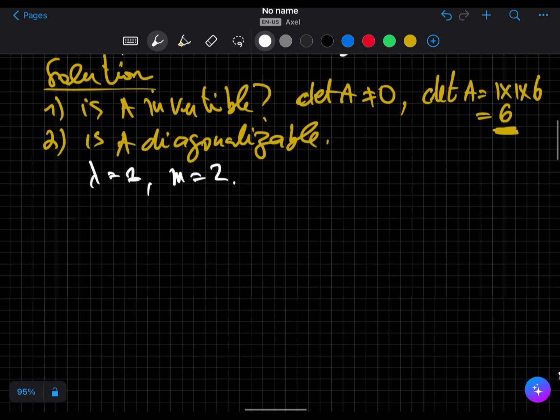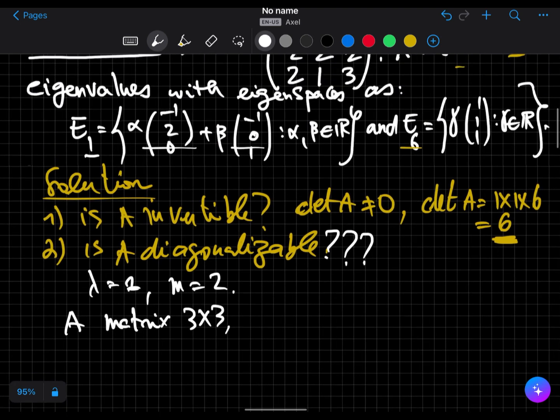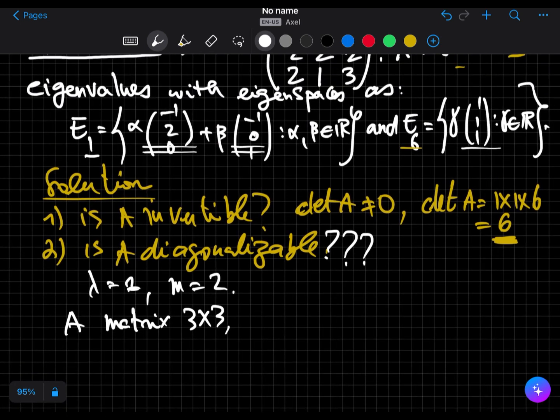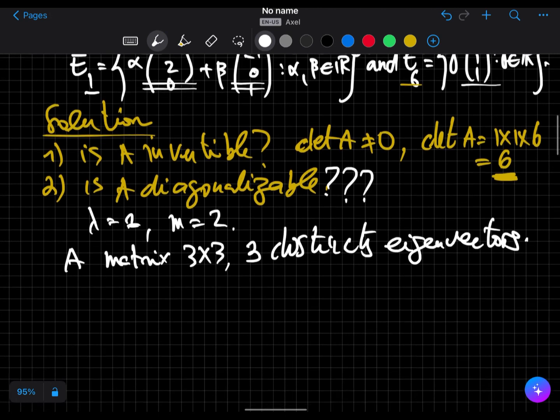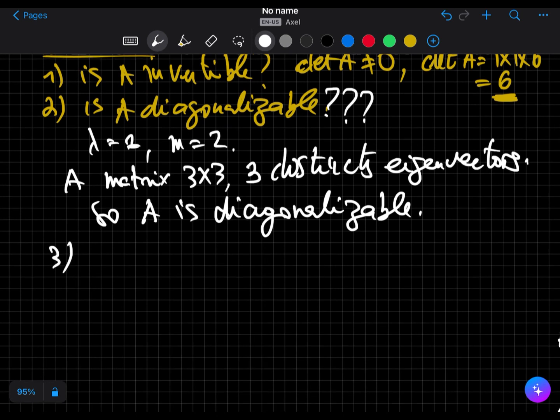You can also see that A is a 3 times 3 matrix, and we have three linearly independent eigenvectors. So A is diagonalizable. So let's have a look at the third question.